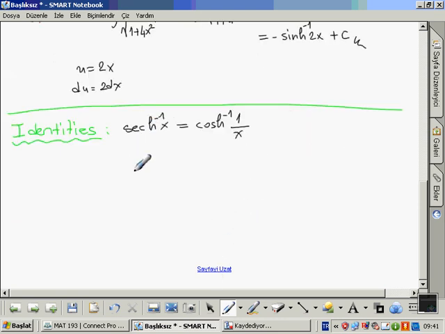And inverse csch x is equal to inverse sinh of 1 over x. And inverse coth x is equal to inverse tanh of 1 over x.